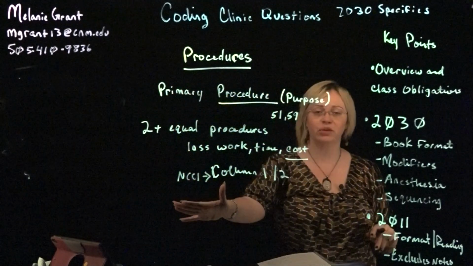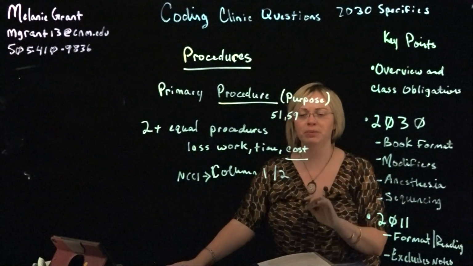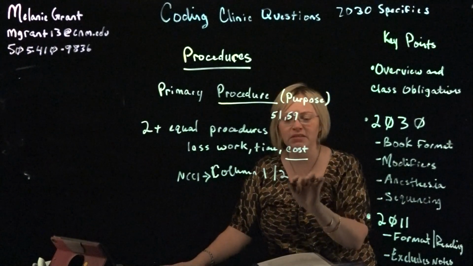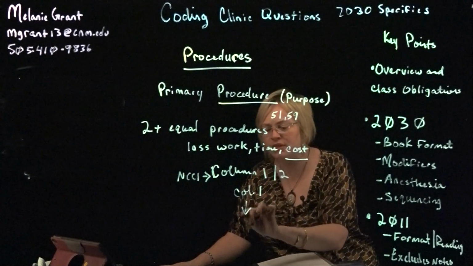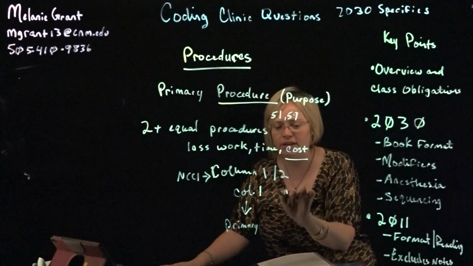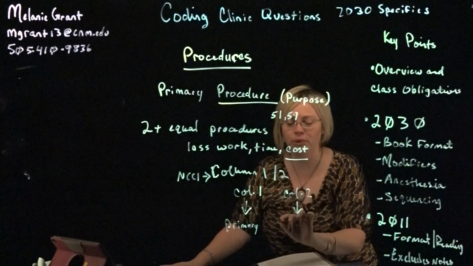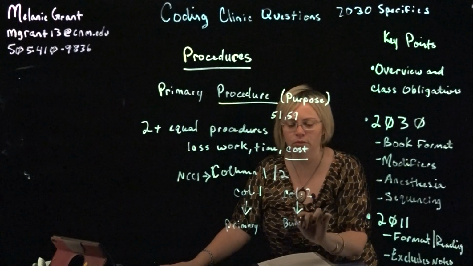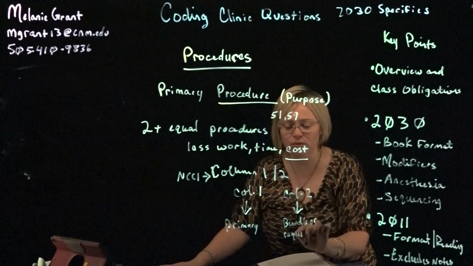This one is going to be a key in determining which procedure is the primary procedure, because it will identify under column 1 the primary procedure, and column 2, procedures that either bundle or require a modifier to pay.